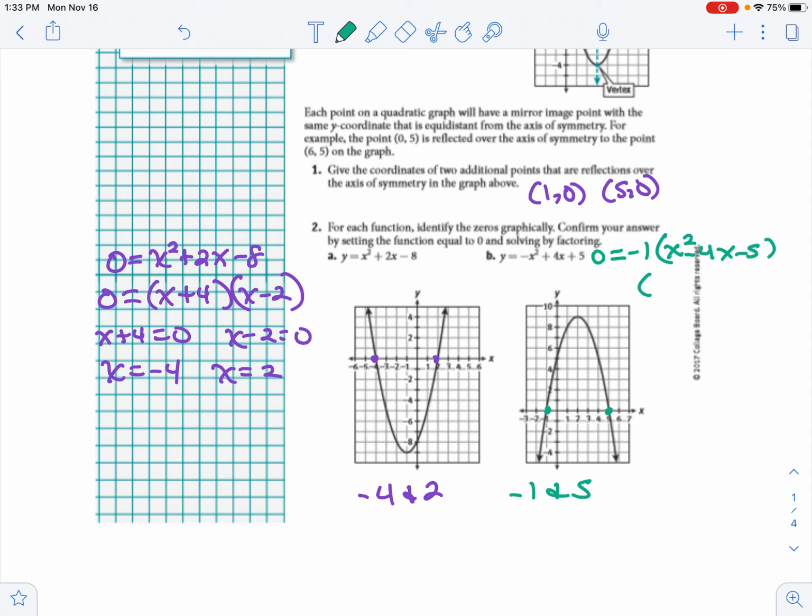So we get factors of x minus 5 times x plus 1, which gives us that negative 4 in the middle. Now when we set our factors equal to 0, x minus 5 equals 0, and x plus 1 equals 0, we get that 5 and that negative 1. So we can get those zeros from the graph or from the factors.